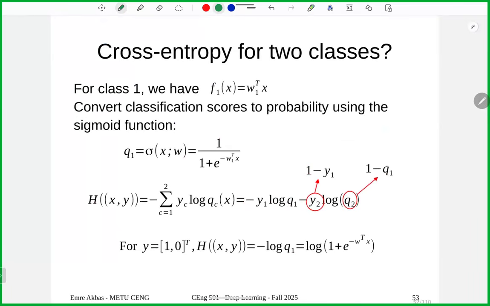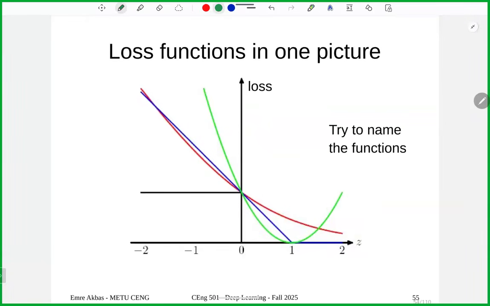So the same thing written in a better format. There's nothing new in this slide. Okay. Now we have seen the most commonly used loss functions. Let's try to name them now. Okay. What is this curve in green? Which loss function is it?